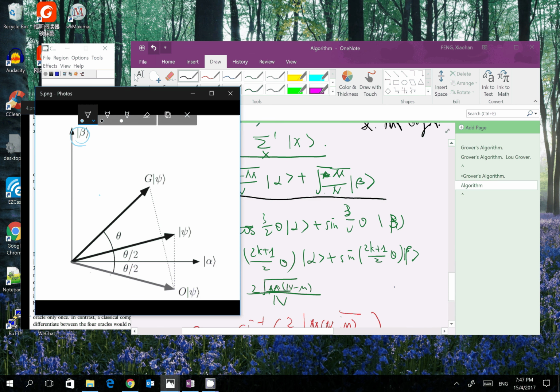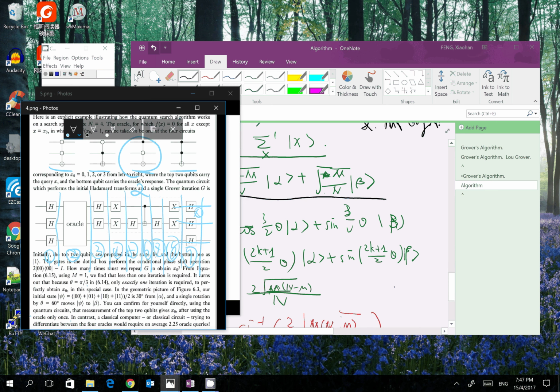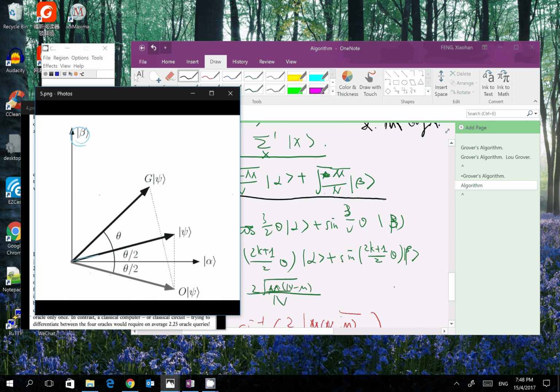So what did the Oracle do? What do the first two steps of the Grover iteration do? Basically, they do a mirror symmetry with respect to the alpha axis, and what do the remaining 7 steps of the Grover iteration do?